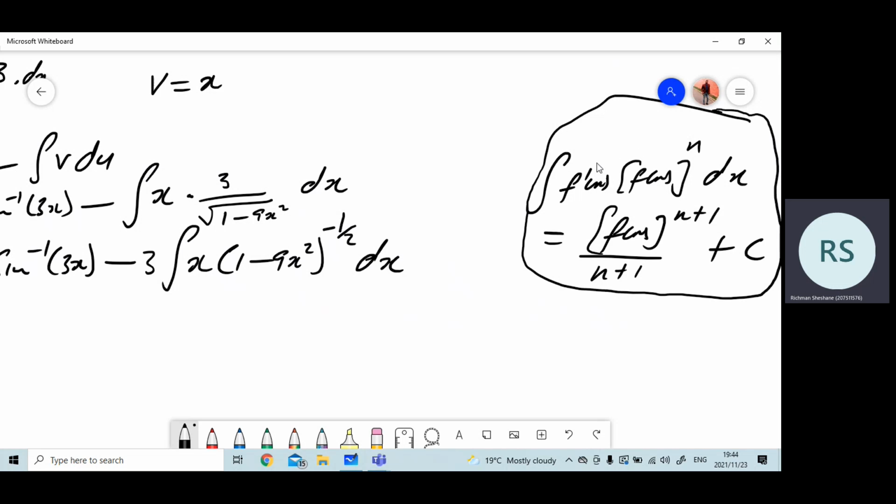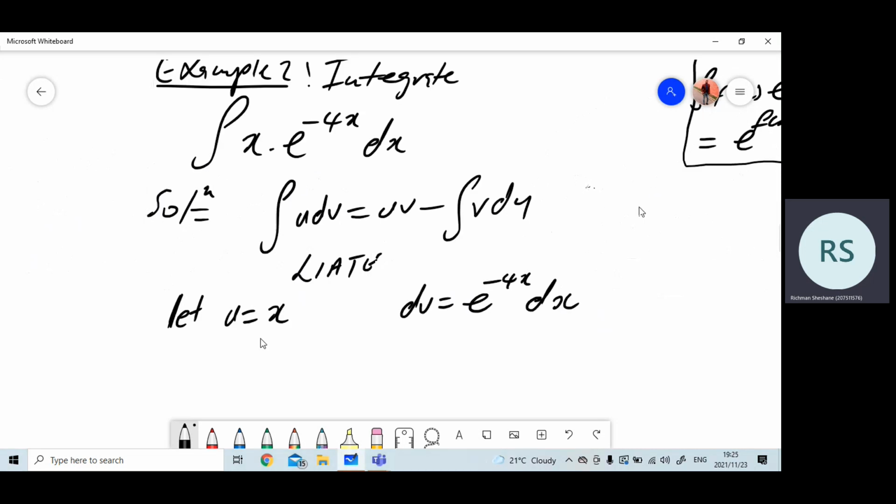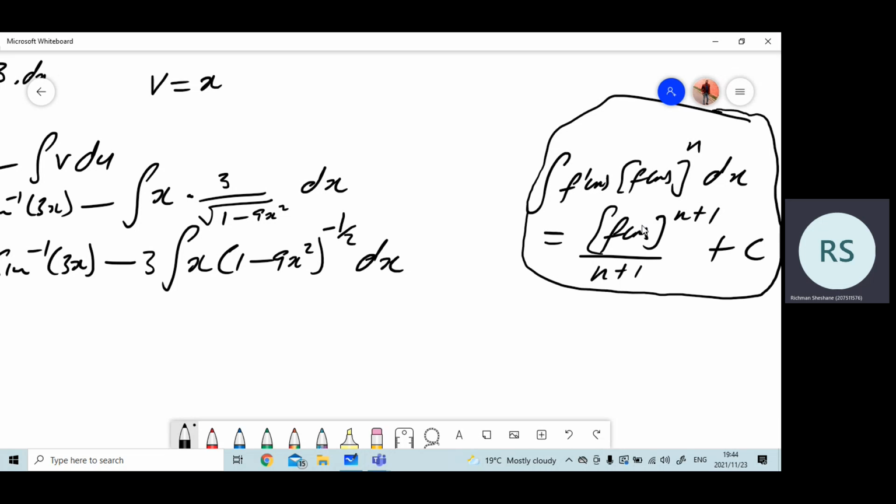If we have a derivative of u outside here, then we can just integrate u. It's going to be u to the power of n plus 1 over n plus 1. But this is for those who know u substitution. But just stick to this formula. This formula says when you're integrating a function that is to the power of n and that function has its derivative, the integral is just going to be the function to the power of n plus 1 over n plus 1.